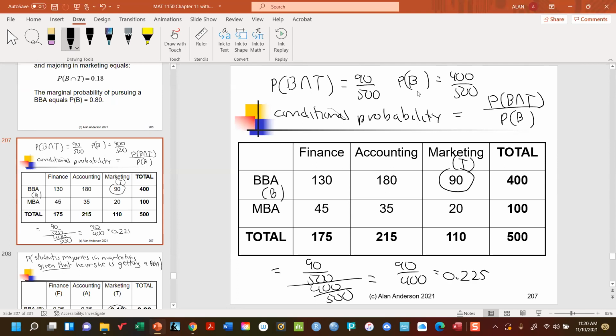Or just doing it visually, you're taking 90 out of 400. You notice how here it's 90 out of 400. So unlike the other examples where we divided everything by 500, here we're dividing by 400 because we've already been told that this person is getting their bachelor's degree.